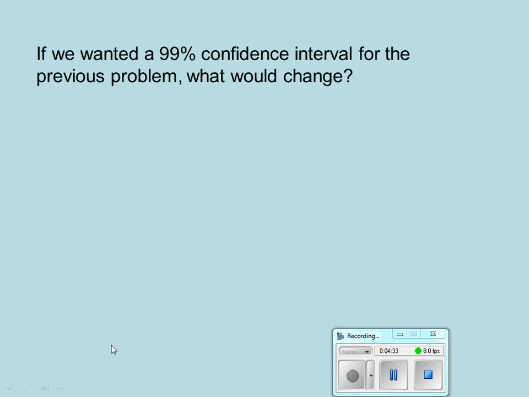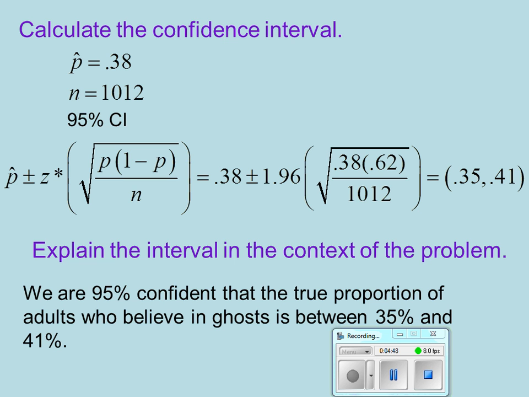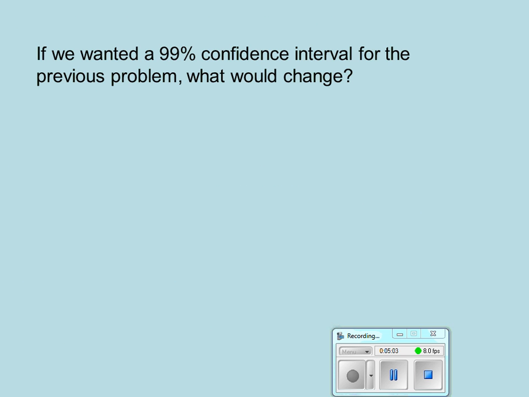So what happens if we want to be 99% confident now? If we wanted a 99% confidence interval for the previous problem, what would we change? Look back. What would we change for the 99%? Hopefully you understand that the only thing that's really going to change in the problem is z star, our critical value, when we're multiplying out.